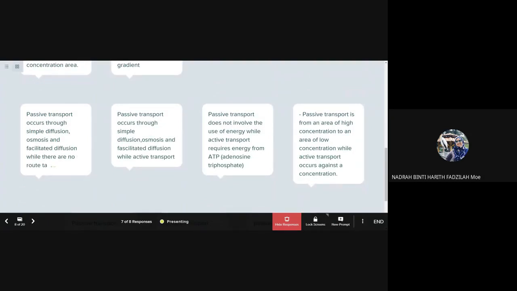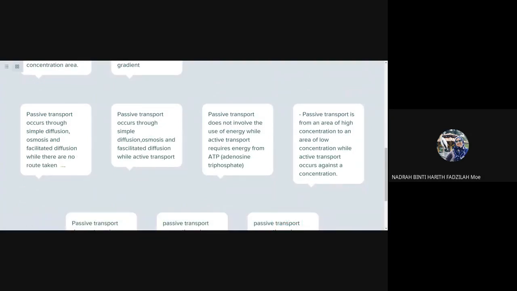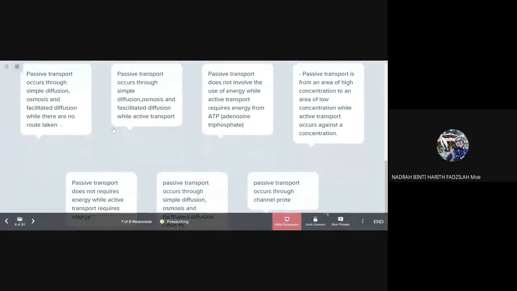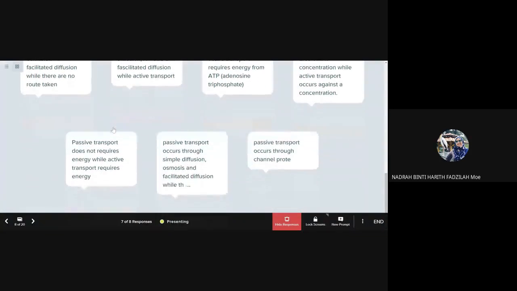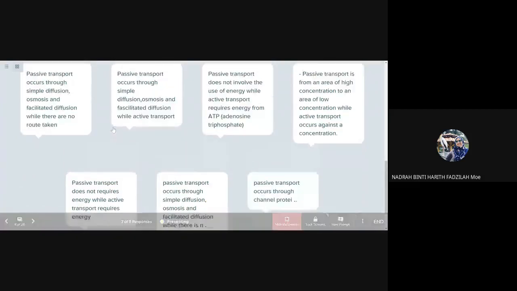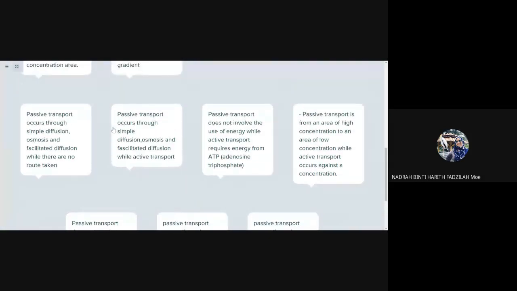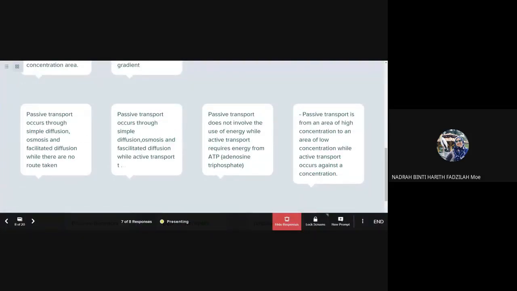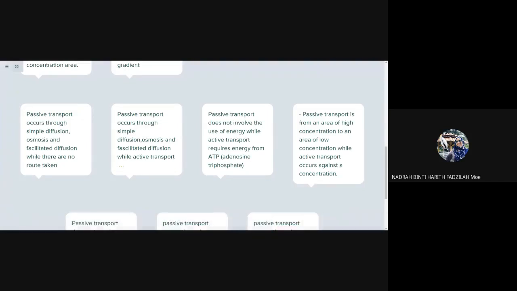Okay, dan last kali, passive transport does not involve the use of energy, while active transport requires the use of energy in the form of ATP. Okay, sekejap ya. I will personal message you in case you confused. Okay.